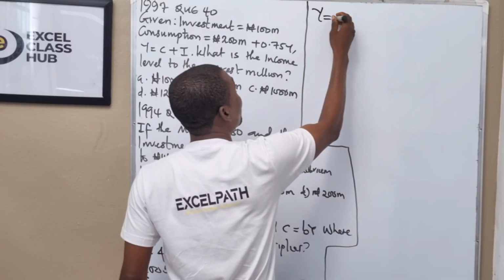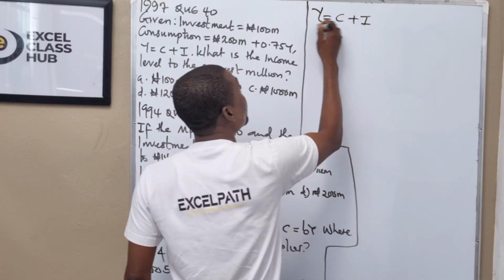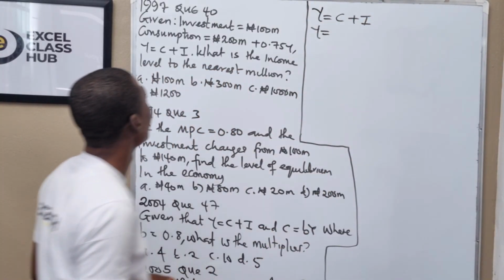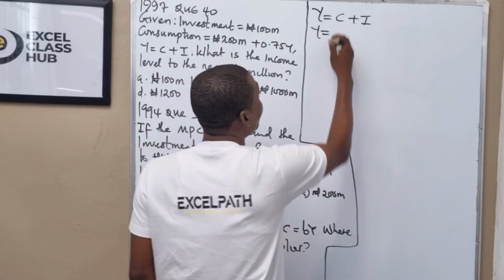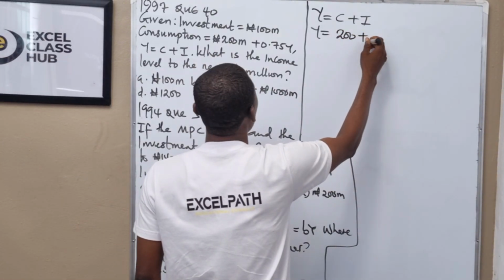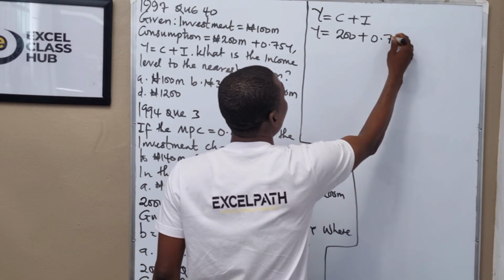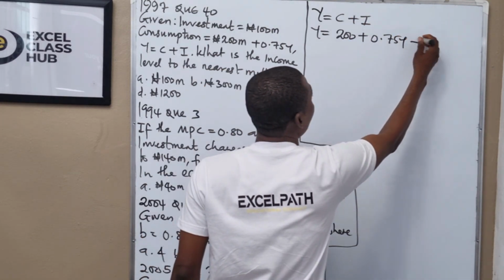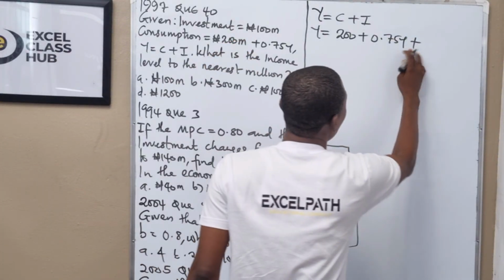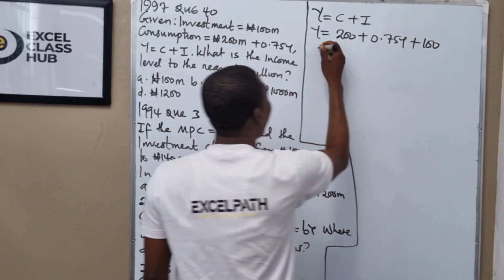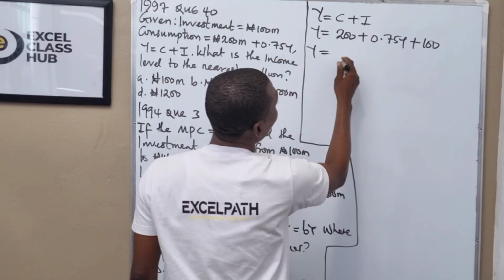That is Y equals C plus I. Our consumption in the question is 200 plus 0.75y, plus investment. Our investment is 100 million. So we have Y equals Y.